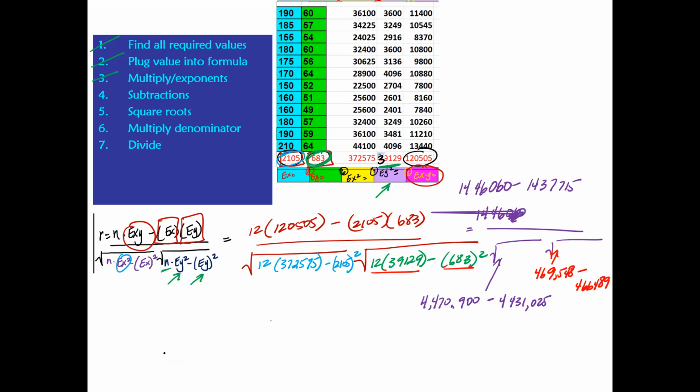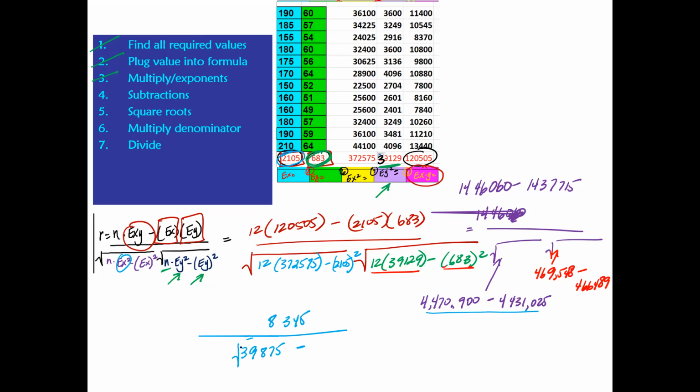So let's go ahead, do 1446060 minus 1437715. That's going to give me a difference of 8345 on top. 4470900, we're working on this part now, minus 4431025, and that gives me 39875.